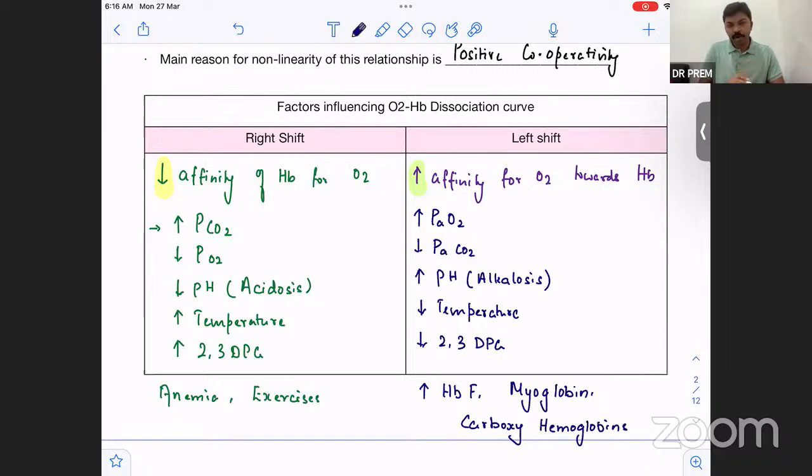So at a very simple level, if your question speaks about any kind of hemoglobin variant, definitely the answer is going to be left shift. That is for sure, right? When it comes to right shift of the curve, the hemoglobin variant does not come into the picture. Whenever a hemoglobin variant comes into the picture, it is definitely a left shift of the curve, doctors.